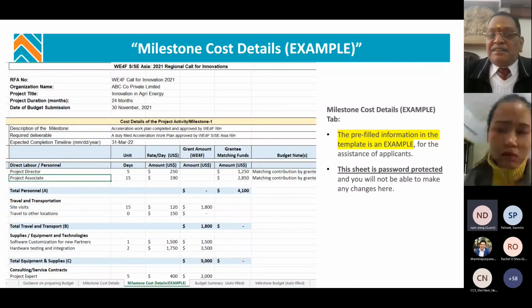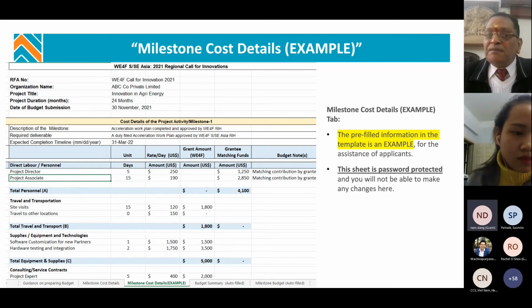And here is the example. Here we have prepared an example to help you fill up the information, like how the milestone is defined, what the deliverables are, what the expected date of completion is, and salaries, how you can put the number of days and amount.